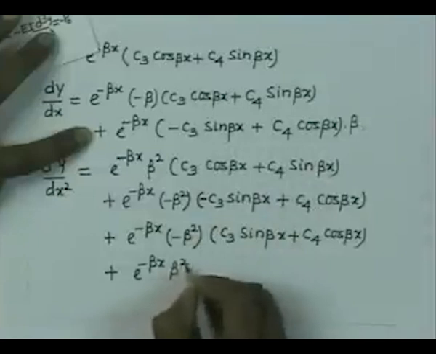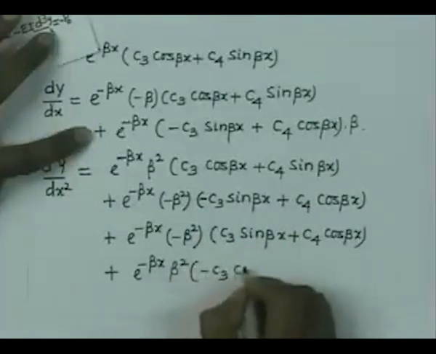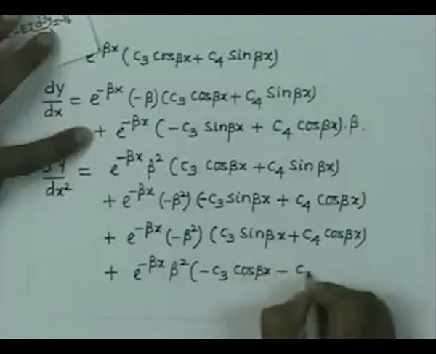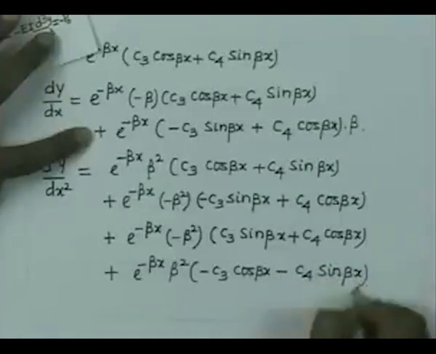It will give us beta square into minus C3 cosine beta x minus C4 sin beta x.